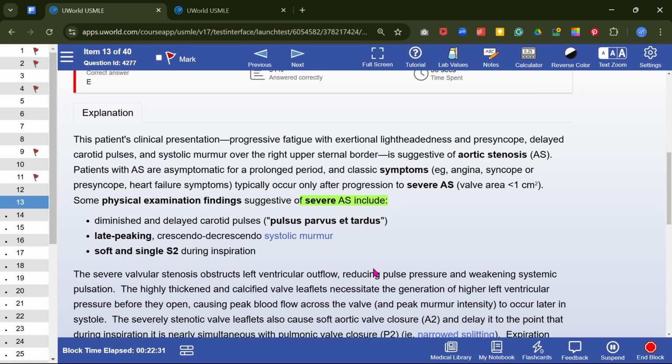In short, in mild to moderate AS there is an early peaking systolic murmur, but in severe AS there is a late peaking crescendo-decrescendo murmur, and aortic stenosis has a soft and single S2, and there is pulsus parvus and tardus.